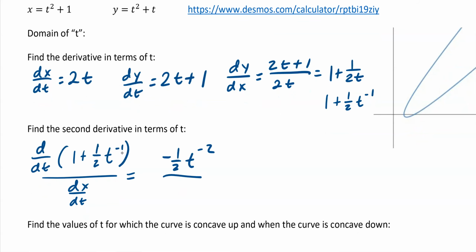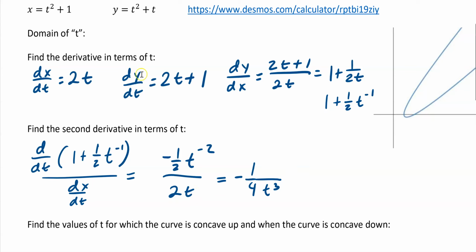And then again, we just take our dx/dt and rewrite it at the bottom. So this is negative 1/2 and a half, so that just becomes negative 1/4. Just goes to the bottom. That's a negative 1 coming up here, or those two coming down here. So t cubed. So we end up with negative 1/4 t cubed.